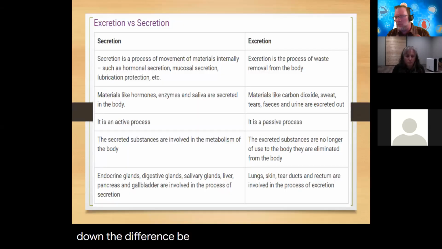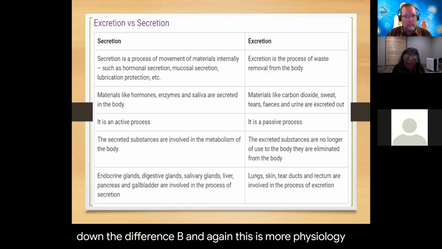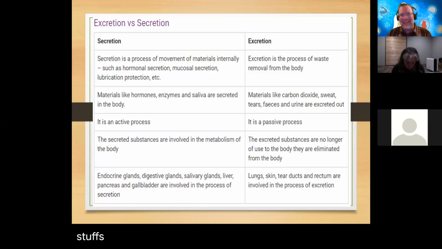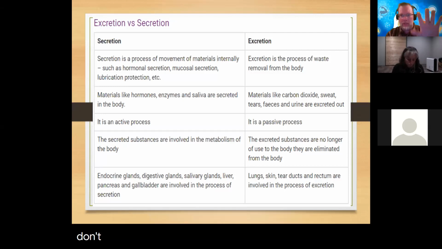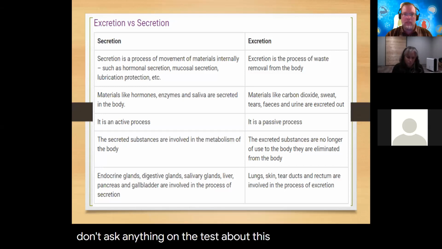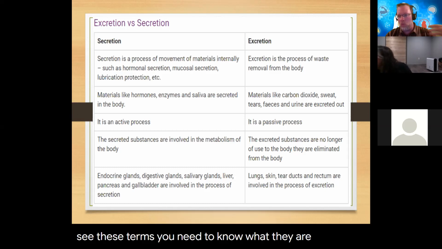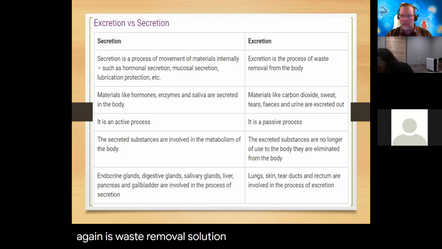This is more physiology stuff, but when we get to physiology, I'll remind you of this again. So don't feel like I don't ask anything on the test about this. But still, when you see these terms, you need to know what they are. Excretion, again, is waste removal. So like sweat gets excreted, for instance.